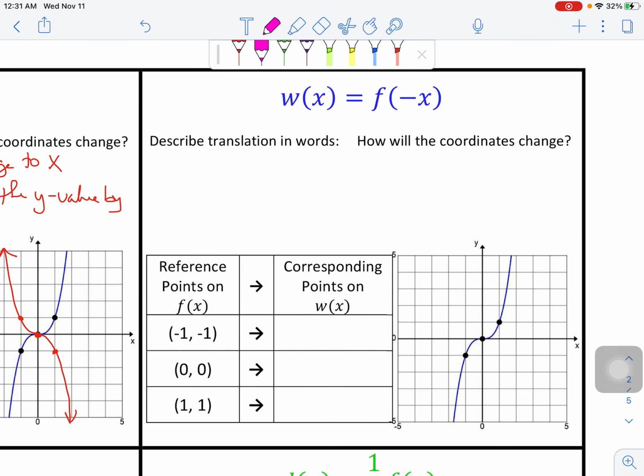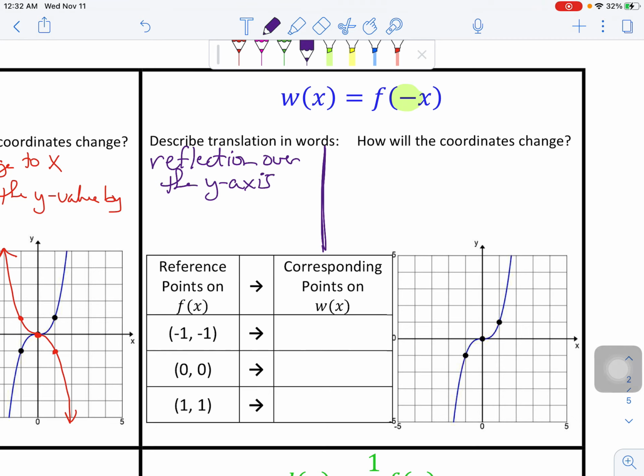So W of x. We have another negative sign here, but this time the negative sign is inside the parentheses with the x. So what transformation is that? Well, that's going to be a reflection over the y-axis.